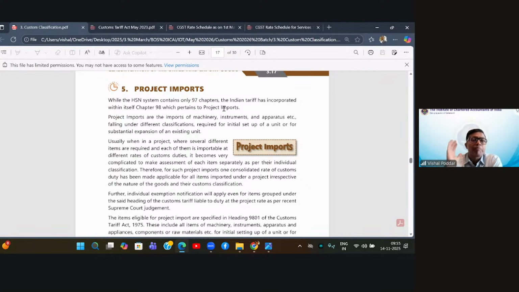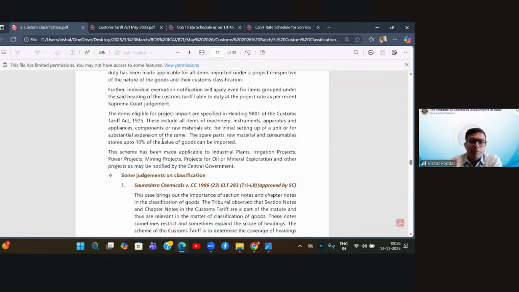Now these products may actually be covered in different chapters, because different machines and different parts are covered in different chapters. But when they are imported for one common purpose, like a nuclear facility or satellite launch pad, they all will be classified in chapter 98, having a single rate given to them. So your business decisions become easy. That is the purpose of project imports.